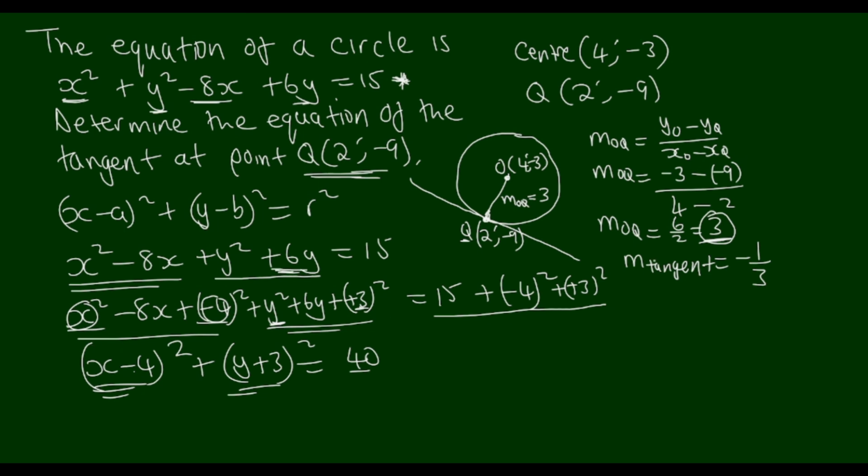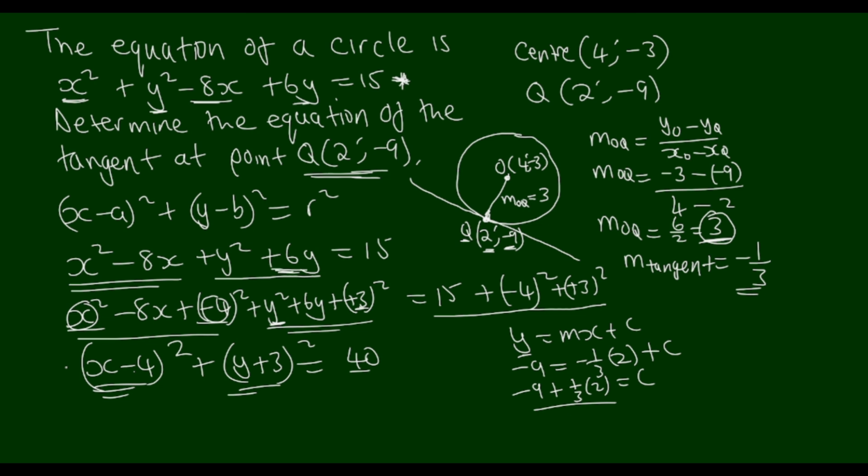Then we can use our equation y equals mx plus c. Where there's m we put negative 1 over 3, where there's y we put negative 9, and where there's x we put 2. So negative 9 equals negative 1 over 3 times 2 plus c, which becomes negative 9 plus 1 over 3 times 2 equals c.